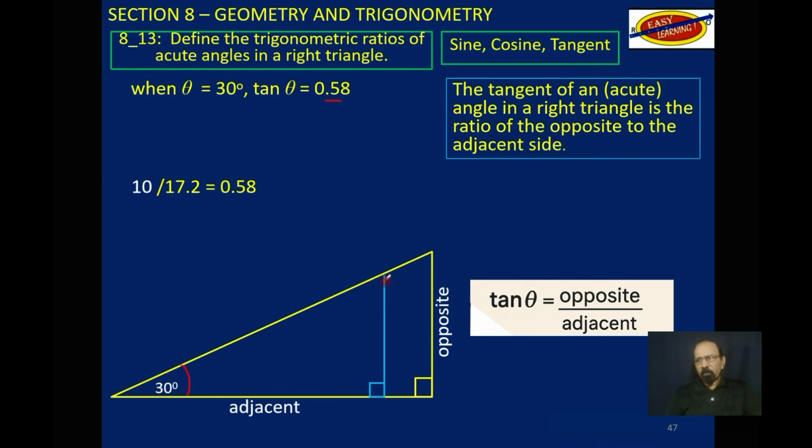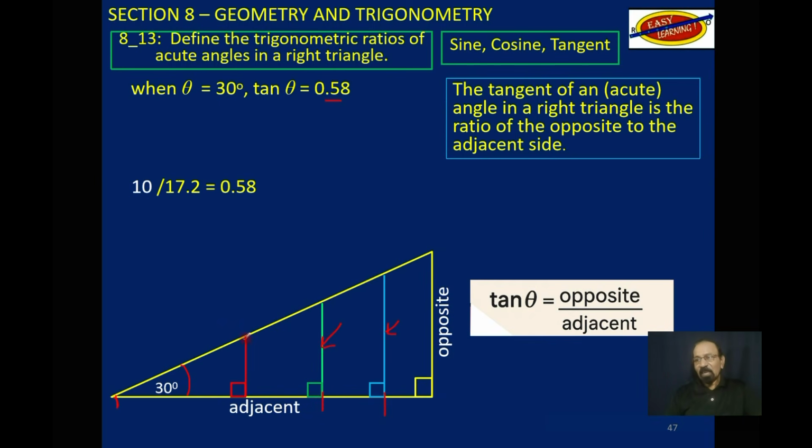If you take a different right triangle here, this opposite is 0.58 of that part of the triangle because that is the adjacent. And if you take another perpendicular here, that opposite is 0.58 of whatever this length here is because that length is now the adjacent.